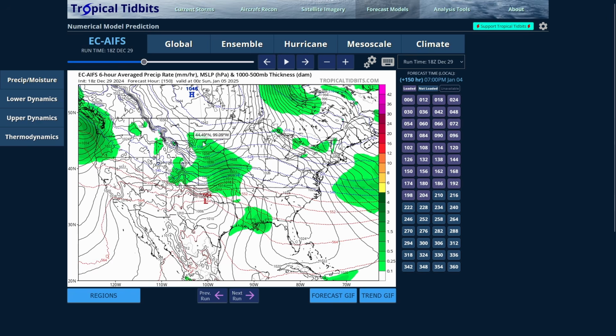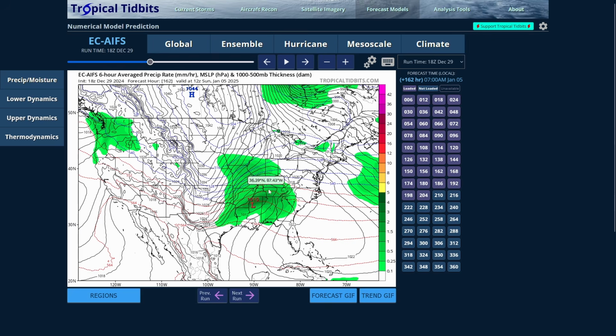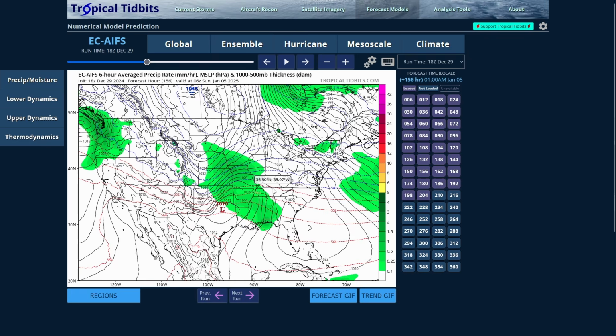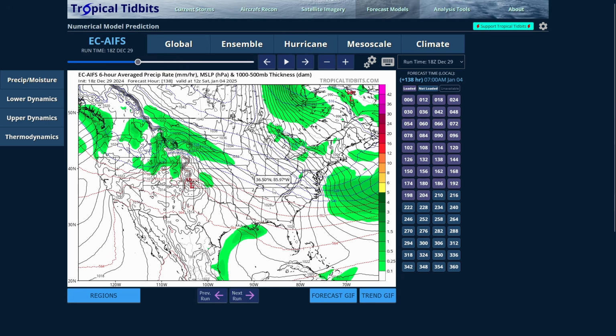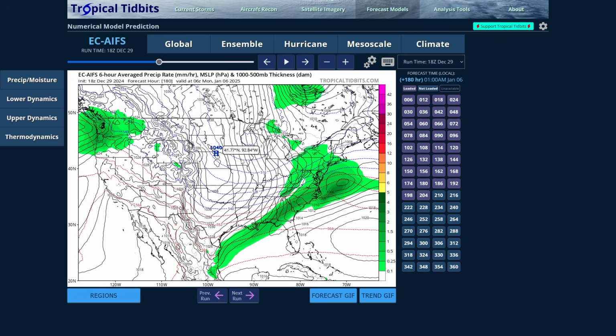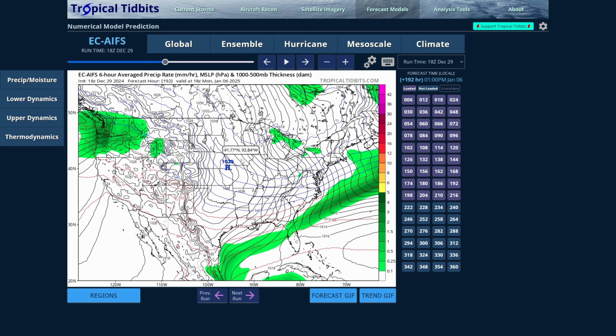Then if we go back here, this would be mainly snow into the central U.S. and then go a little bit further here, again mostly snow into the Midwest, and again probably would be mostly snow way up here into the Dakotas and Montana and Wyoming as well. And then that would finally move off again sometime Monday.